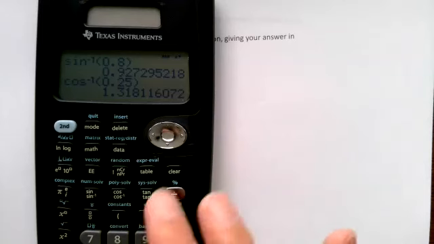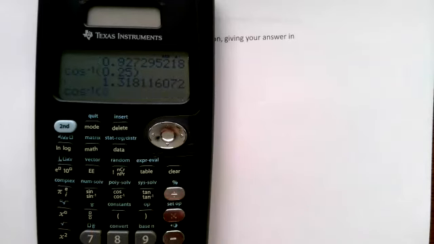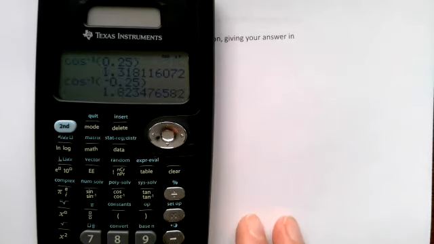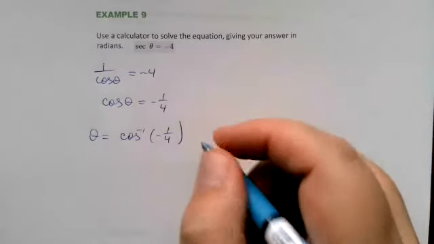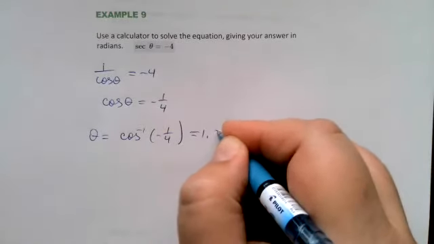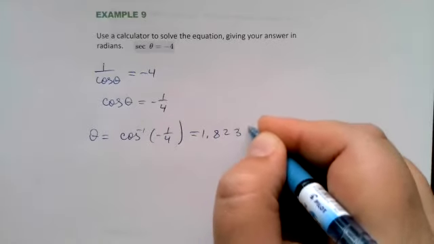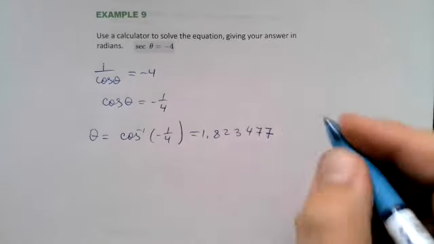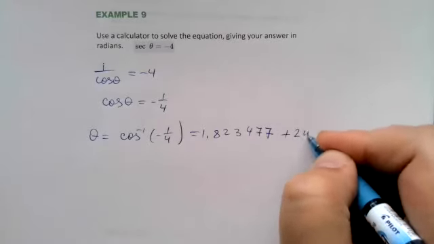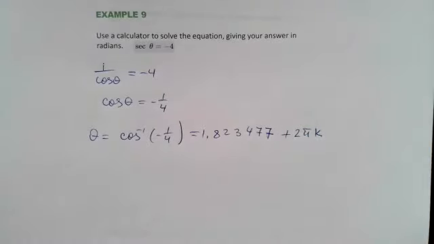It was -1/4. So let me redo this one. It's -0.25. So it's going to be 1.823477, approximately. And again, we would add 2 pi k on top of it.